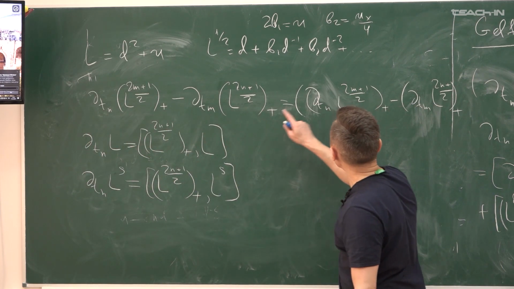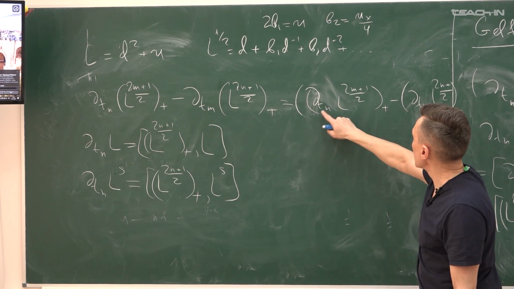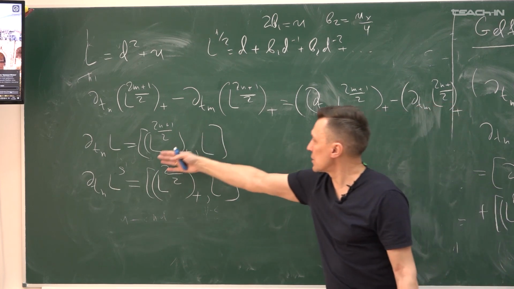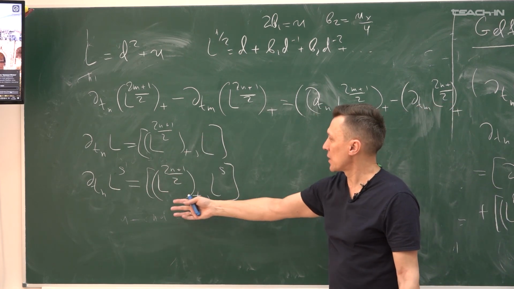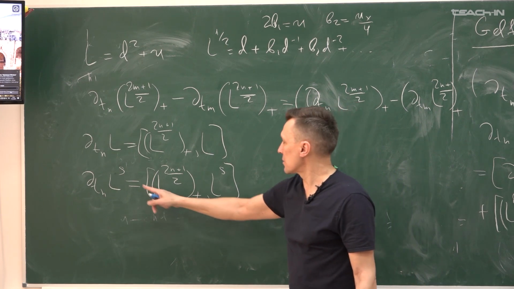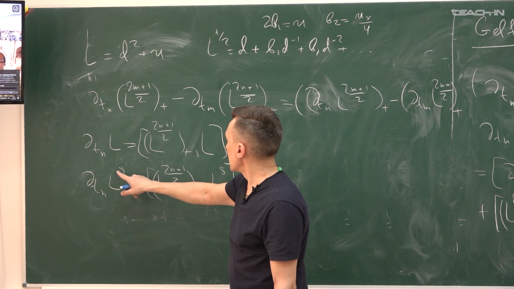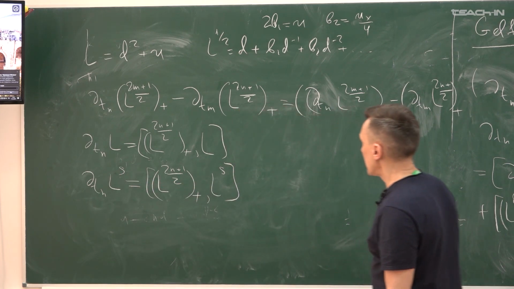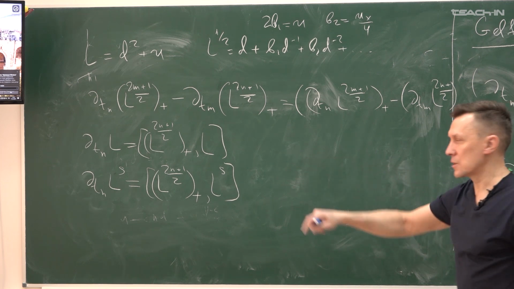So the application of this flow to the powers of L will be given by the same Lax representation. We have seen this, but we have seen this for integer s. Let us start with integer s.